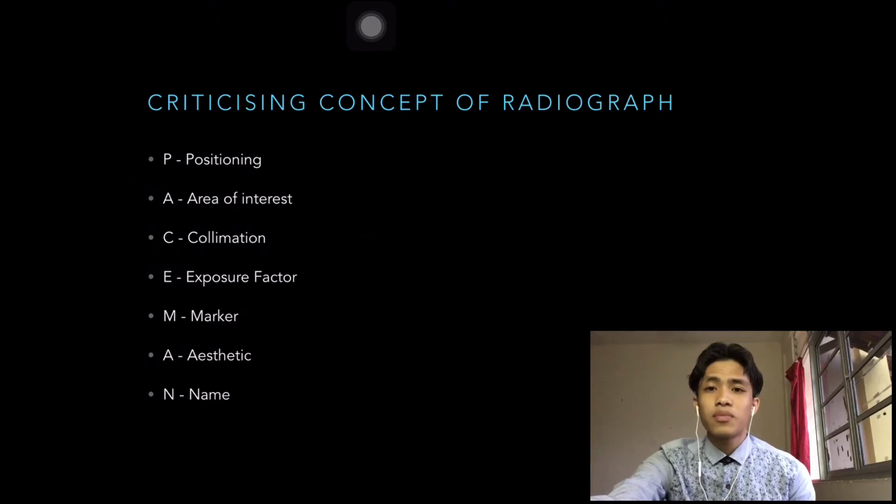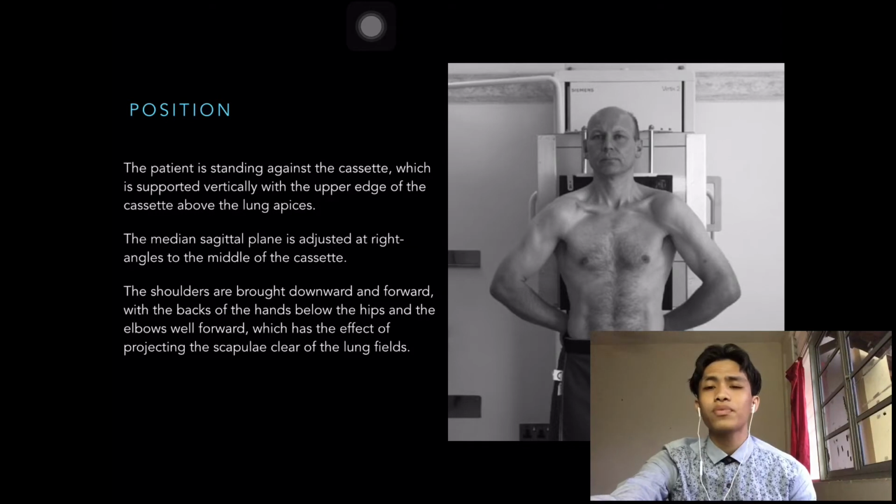The P stands for positioning, the A stands for area of interest, C stands for collimation, E stands for exposure factor, M stands for marker, A stands for aesthetic, and lastly N stands for name. So the first one is position, which is the position of the patient.